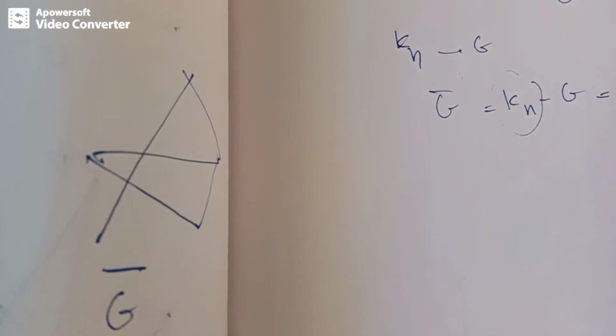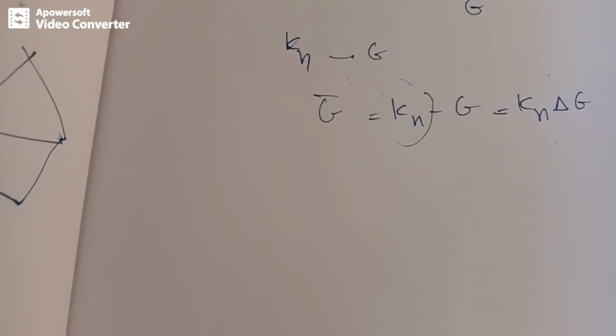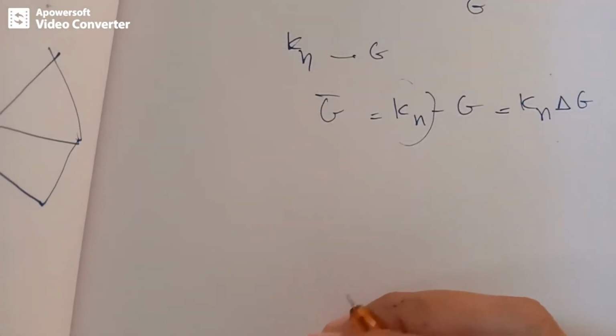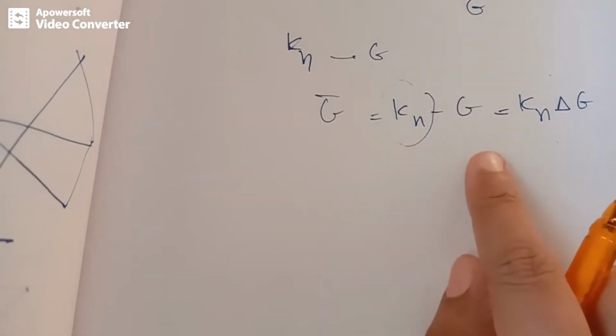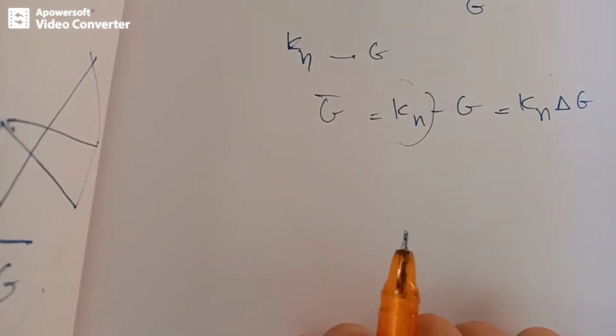So it becomes Kn delta G. So we can write it as Kn delta G. So obviously Kn, G and G complement, they have the same vertex set, right?